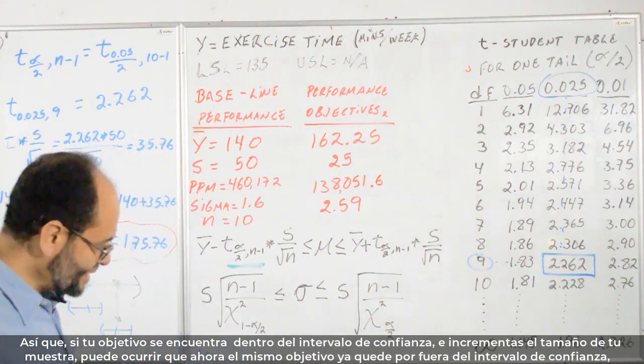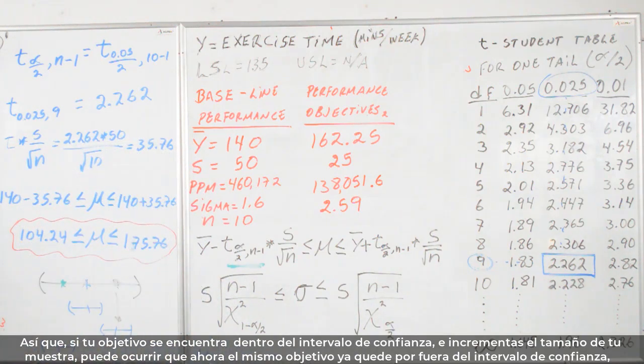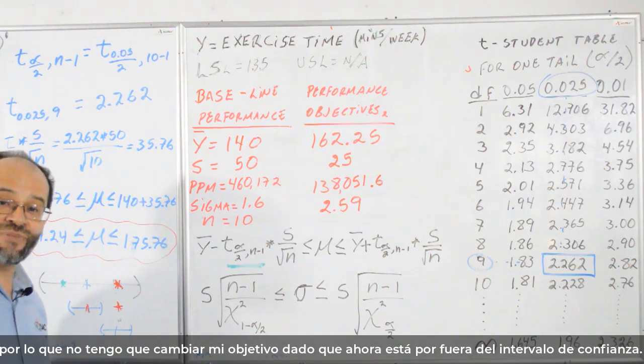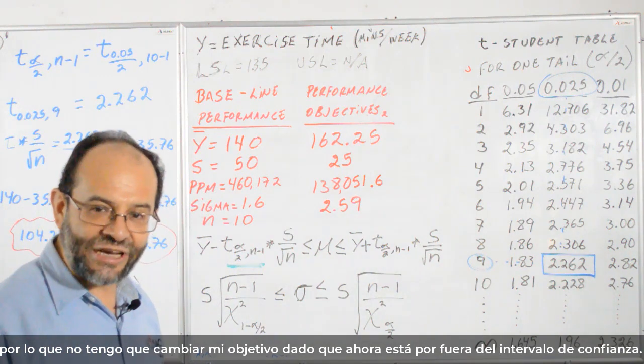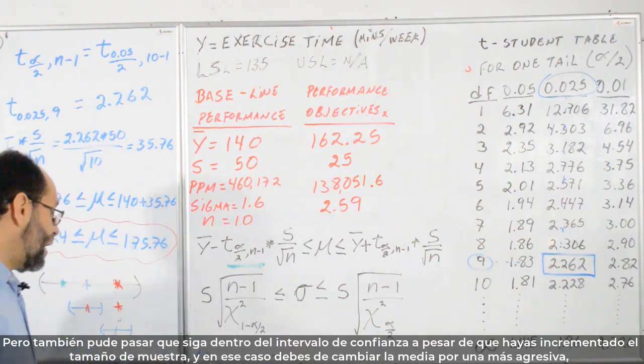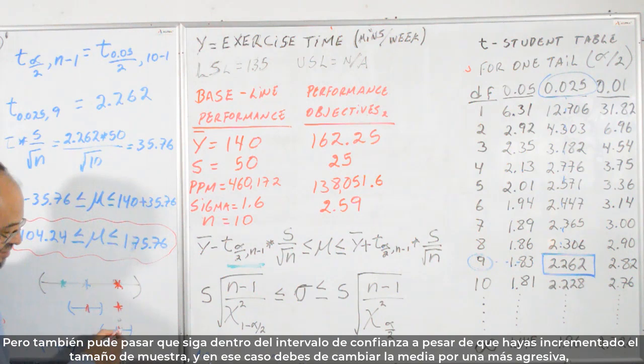So if you have established that your objective is this one, and you increase your sample size, it can happen this. The same mean of the sample is now outside the confidence interval, so I don't have to change my objective. But also it can happen this, still being inside the confidence interval.